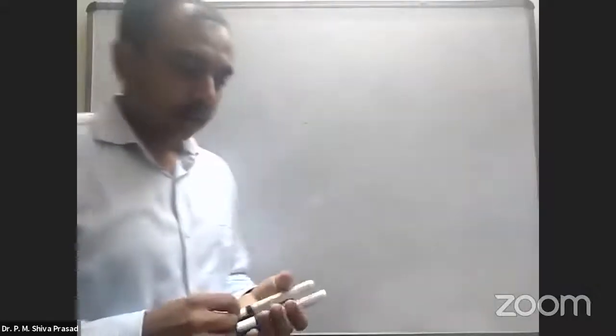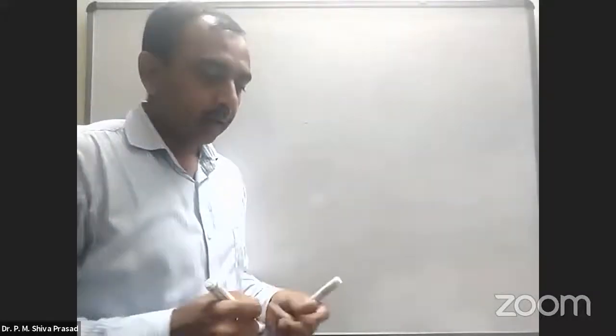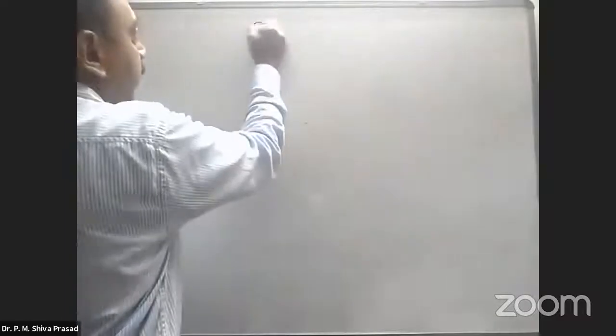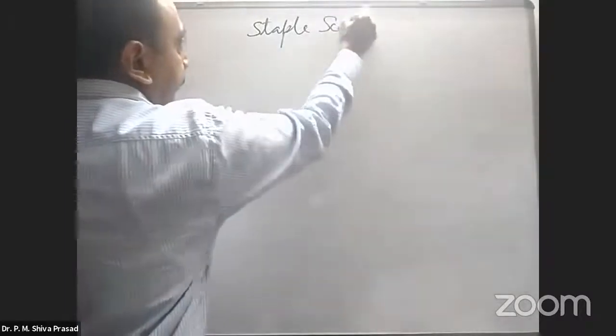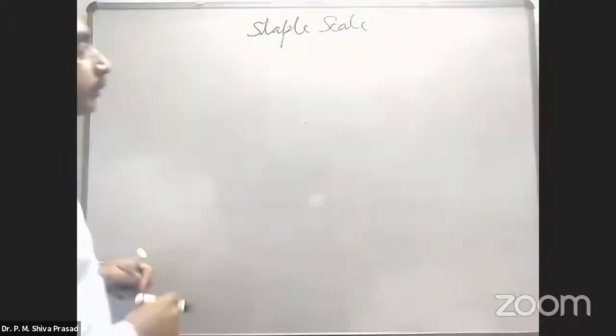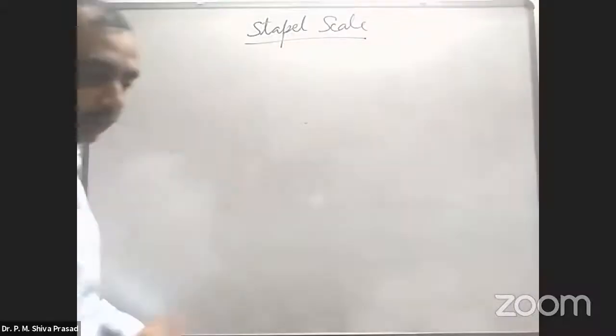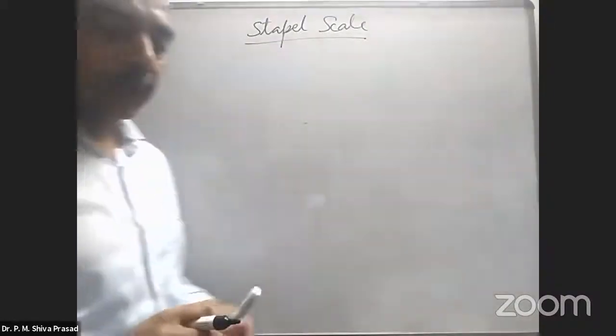Okay, now the seventh type of scale is called a staple scale. In this, what we do is we try to give them a visual experience again.